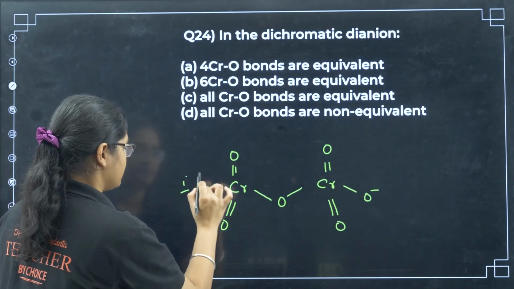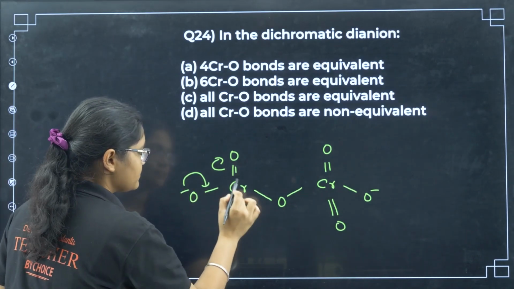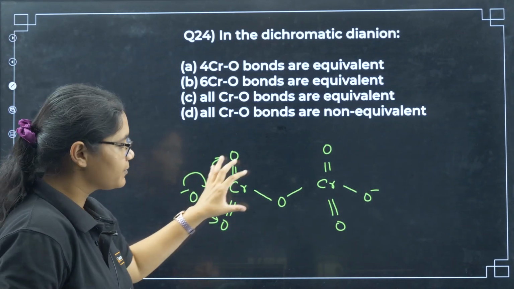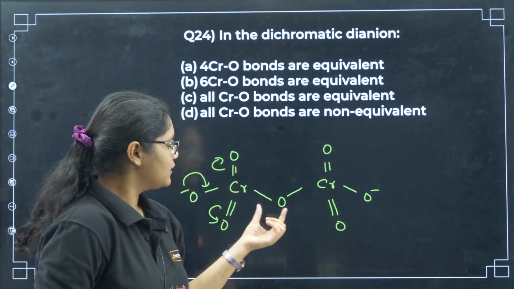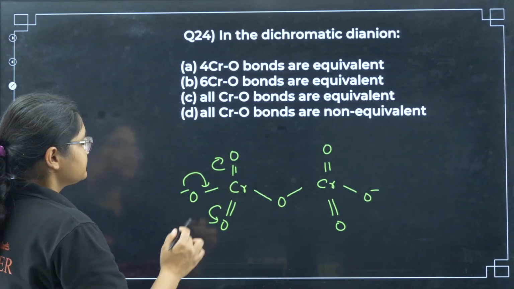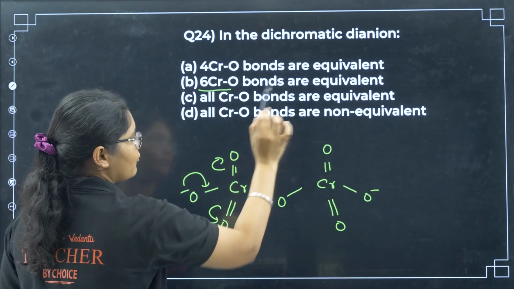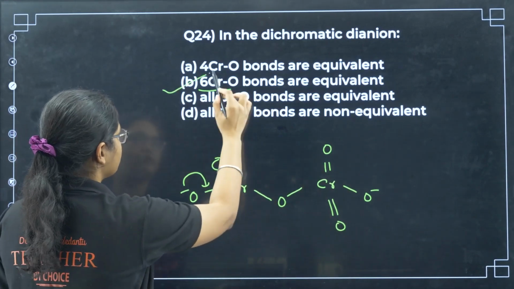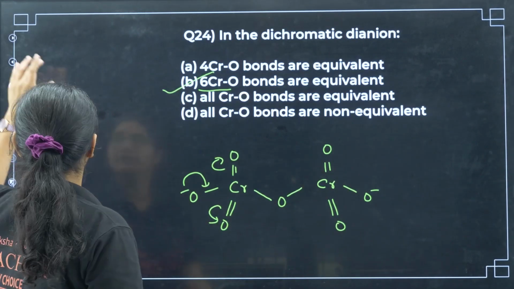You can see we can have resonance here, and then you can have resonance here. So these all bonds are of one type. Now this Cr and O are of different types. So how many Cr-O bonds are equivalent? 6 Cr-O bonds are equivalent. 1, 2, 3, 4, 5, 6 are equivalent. So option number B here.